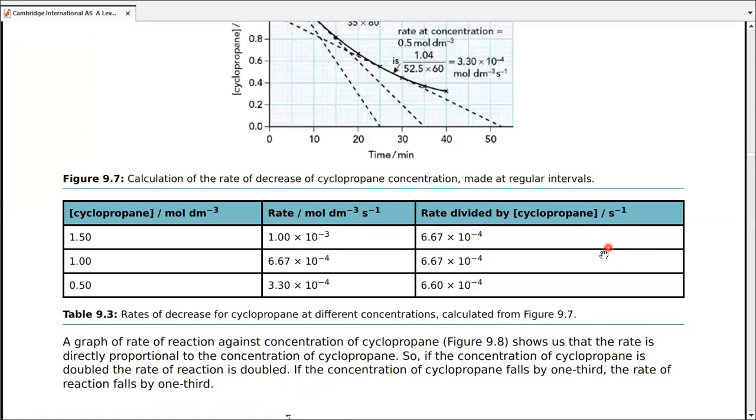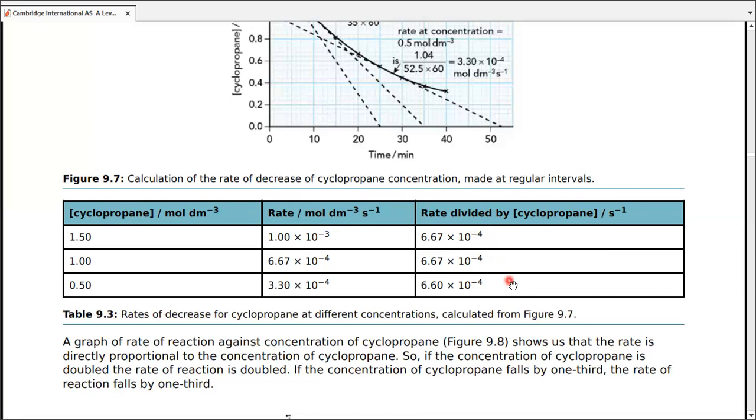Okay. So what do you think is happening over here? Why do you think we are dividing the rate by the cyclopropane concentration, per second?